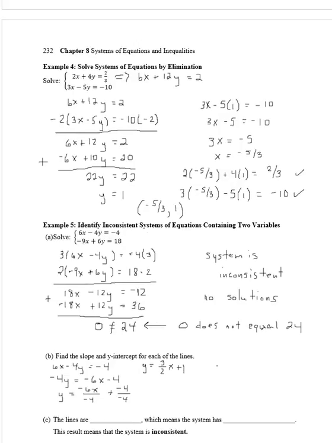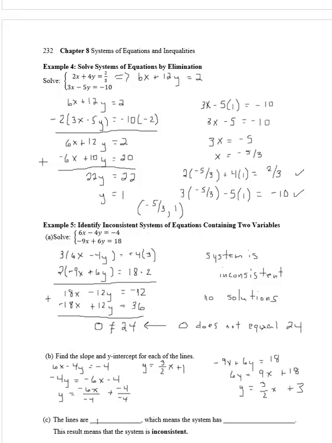So continuing with the second equation, we have negative 9x plus 6y equals 18. So 6y equals 9x plus 18. Or y equals 3/2 x plus 3.